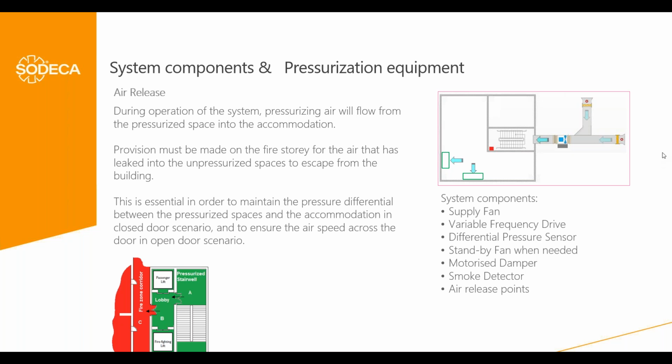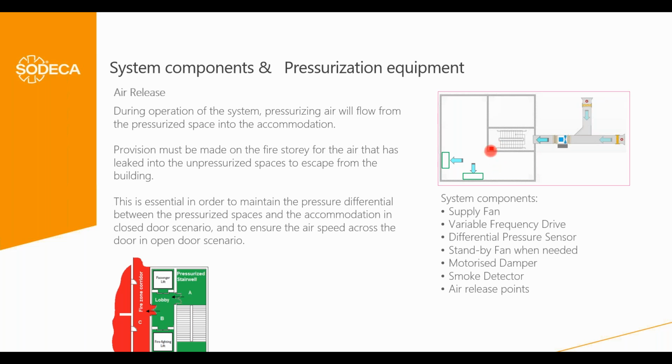The air that passes through the gaps or through the open door has to be evacuated from this accommodation area, because if we don't have this air release, imagine that this area is completely tight and there is no possibility for the air to escape from the building. Of course, when the door is open, the air will not pass, because if it cannot escape, we will not have air movement, or we will have a recirculation on that door. The air will pass through the upper part and will go back through the lower part.